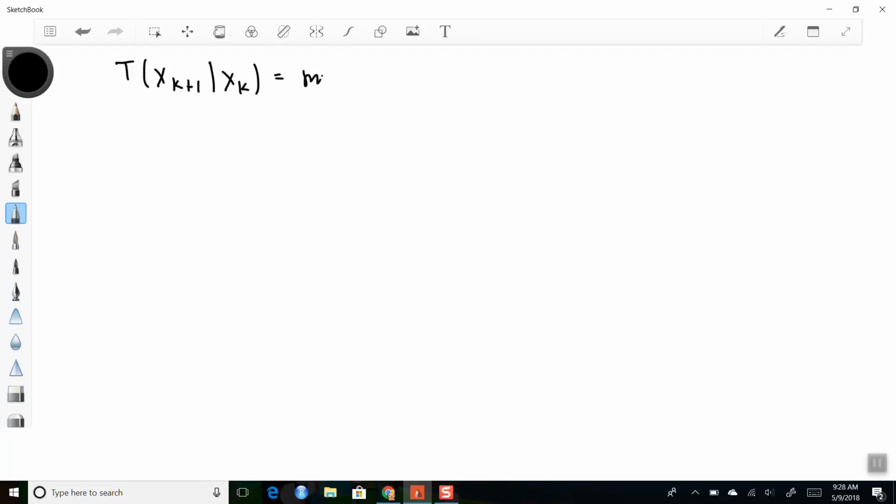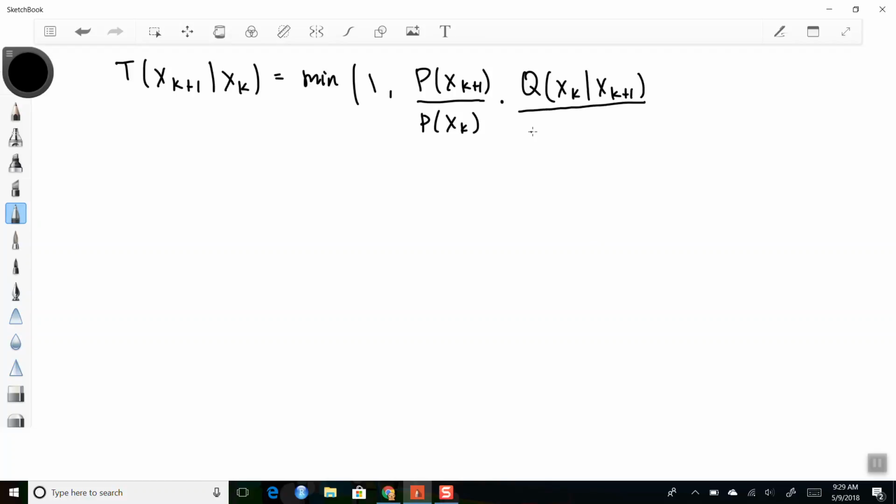This is equal to the minimum of 1 and the probability of x_{k+1} divided by the probability of x_k, so our proposed value over our current value, times the proposal distribution q of x_k given x_{k+1}, over q of x_{k+1} given x_k.